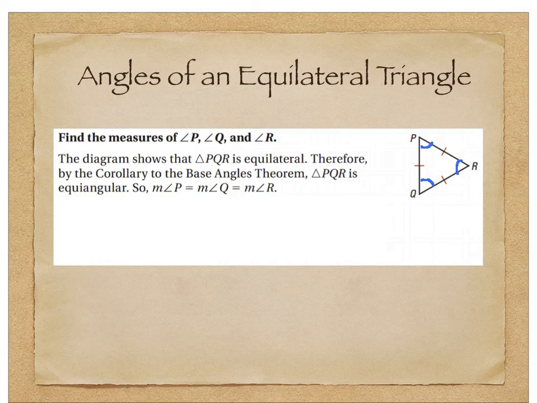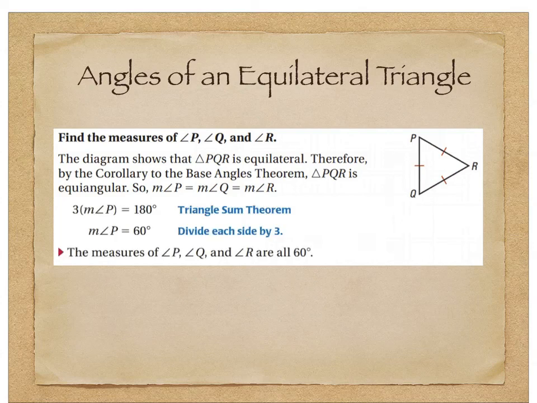So if all three of those are equal, we really have three measures of angle P. Because we're just going to take out Q and put in P. We're going to take out R and put in P. You remember from the triangle sum theorem, it says that the measure of angle P plus the measure of angle Q plus the measure of angle R equals 180 degrees.